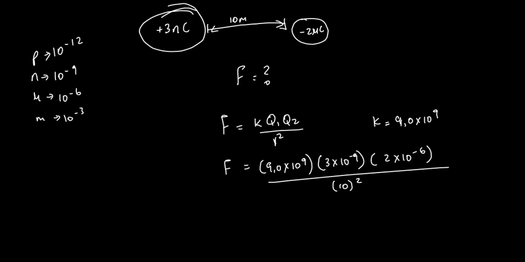Perfect. Then you can quickly run to your calculator and punch in those things and make sure you get the final answer, which will give you the correct answer there.